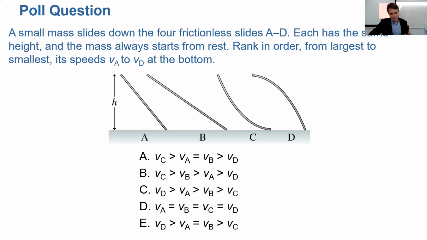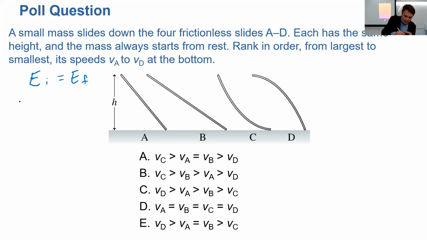Something about me from being a kid makes me feel like you'd go fastest on C, but I think my intuition is coming from friction. I know there's friction on real playgrounds, so I just sort of think it would be fastest if you go on C. But in fact, in all of these cases, you've got E initial equals E final.